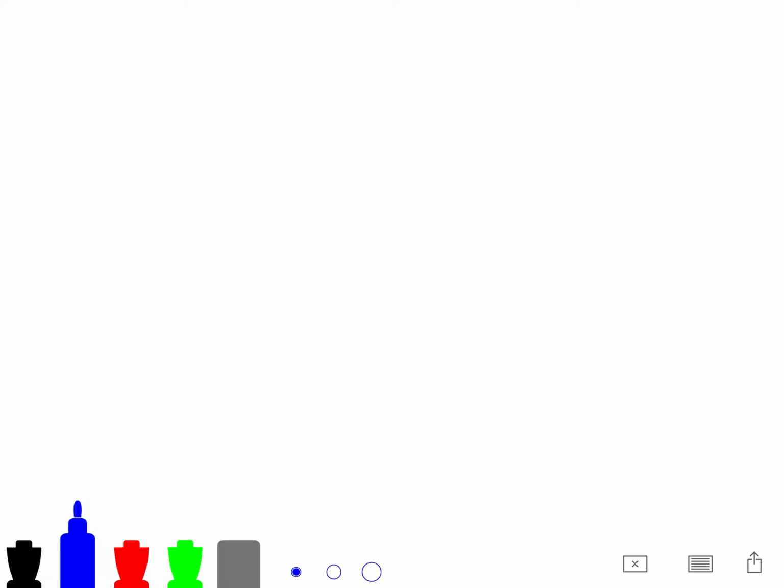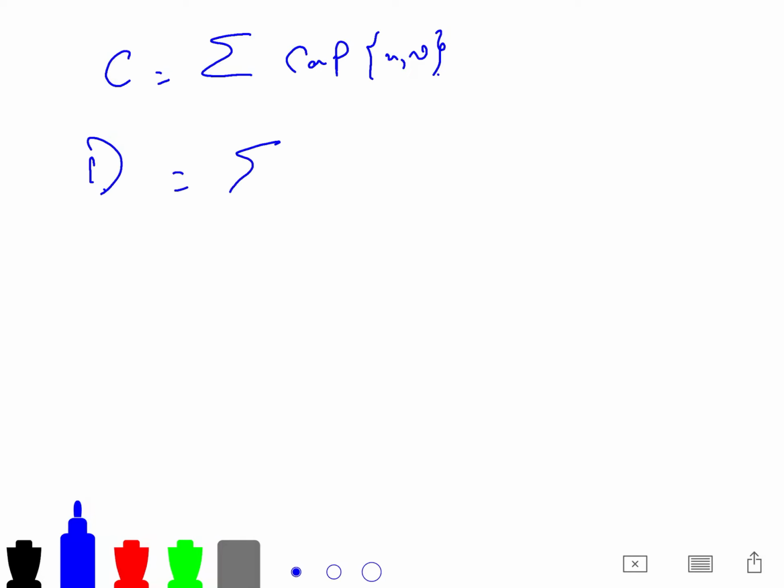We should define what the total capacity is. This is if you just sum all of these capacities, it's just the total. What is the total demand? If you just sum all the demands of your vertices for any edge in E, it becomes the demand.